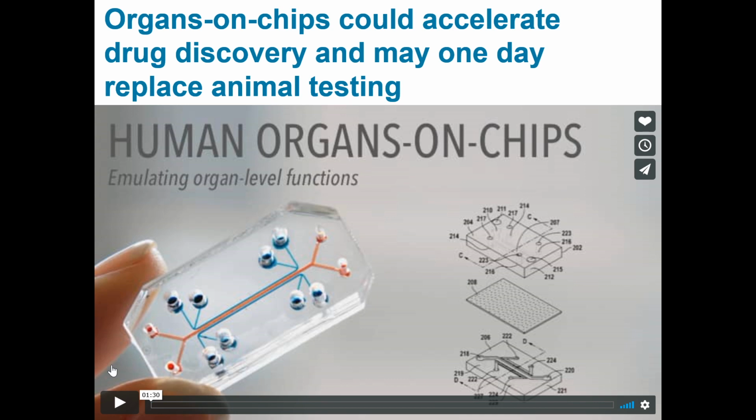And this holds a lot of promise for potentially testing new drugs and getting faster at approving those drugs and maybe reducing animal testing, and possibly one day you might not need it if we can get this to be sophisticated enough. So take a look at this short video.